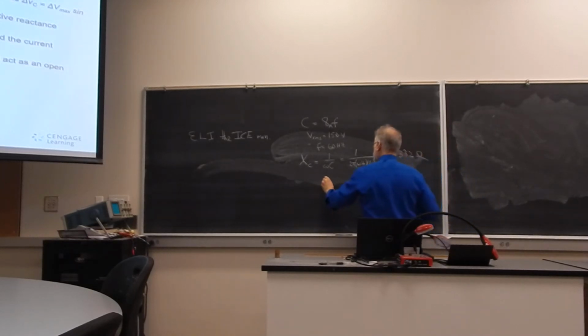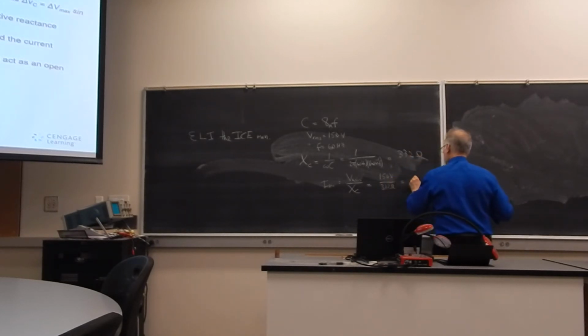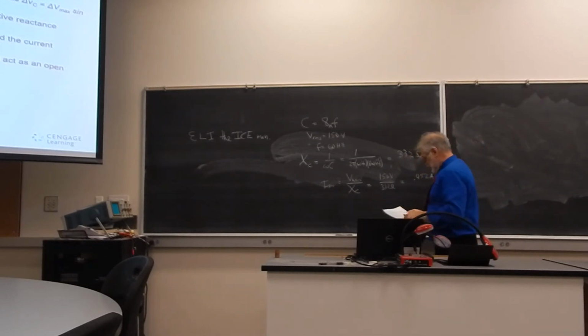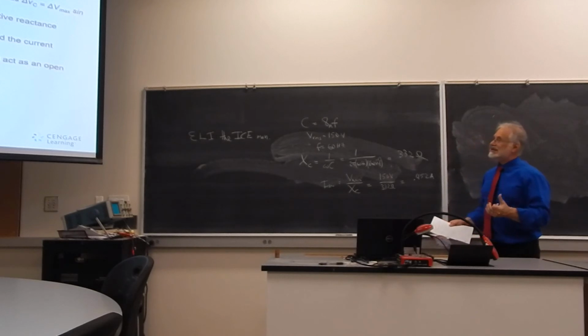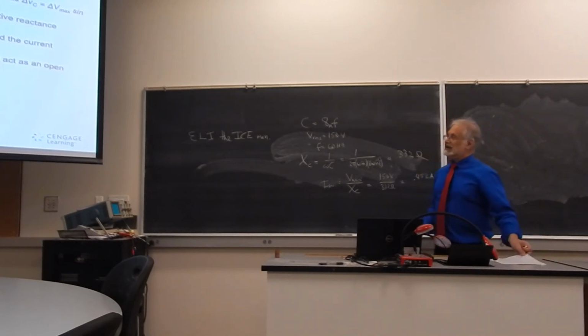My RMS current will just be equal to my RMS voltage divided by my capacitive reactance, which would be 150 volts divided by 332 ohms, or 0.452 amps. So it's another very simple example of how to use capacitive reactance in finding RMS current.